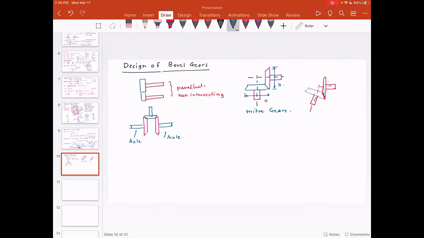Now, what are the major terms in the bevel gears? So let's see how these bevel gears look. What you have is one gear, and you have the other gear.